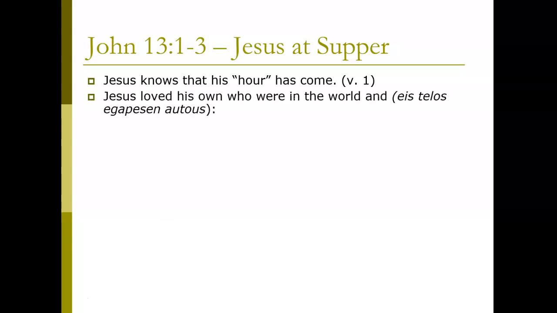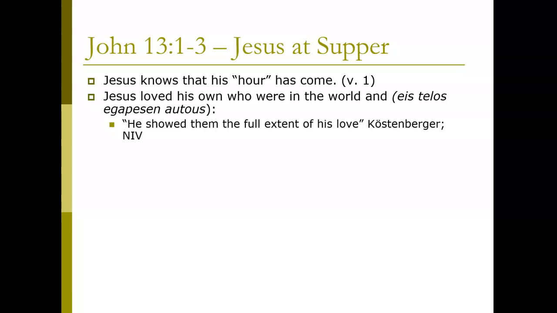Now, this way in which it's read here in the NIV, loved his own who are in the world, is rendering this as telos, agapes, and autos. So there are different ways in which this Greek expression could be rendered. So some may think about he showed them the full extent of his love.